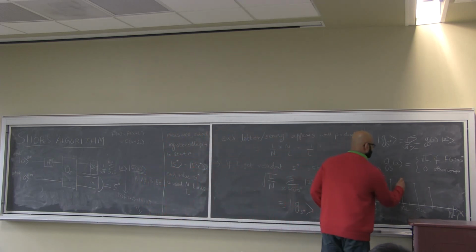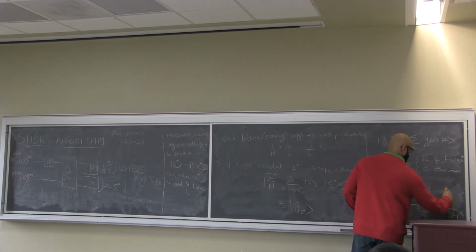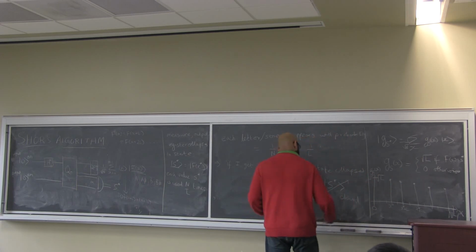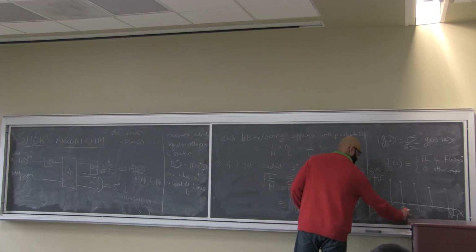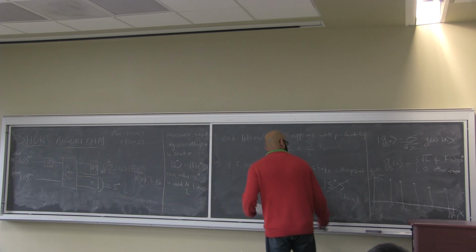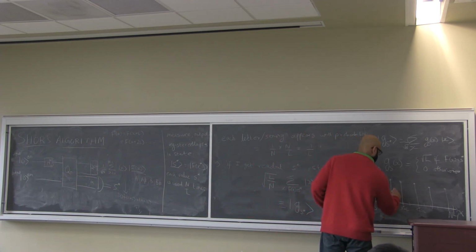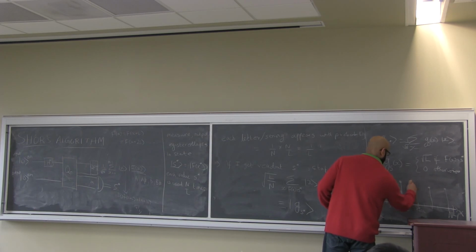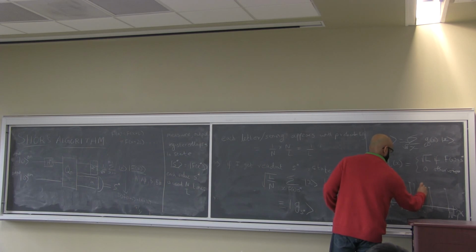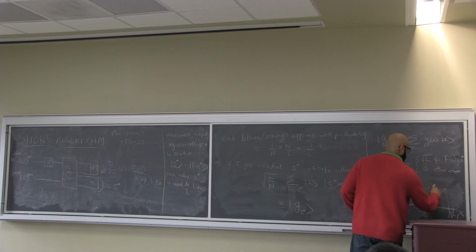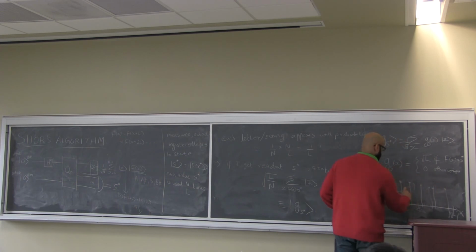So the value of this function is square root of L at every value of x star plus L, x star plus 2L, and each of these is separated by L. Sorry, I obviously didn't sketch it very well. These are all evenly separated values, etc., which are all equidistant by L.